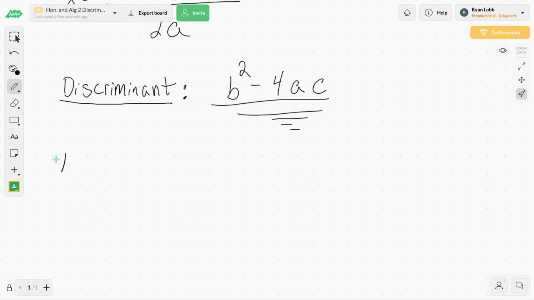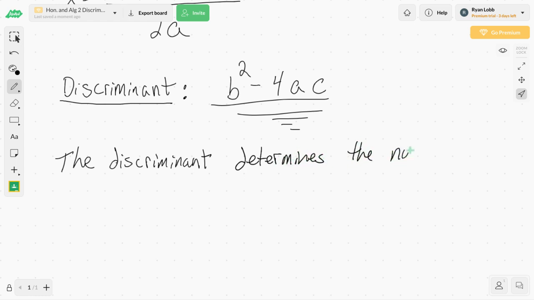The discriminant determines the number and type. Let's put a little addendum here.